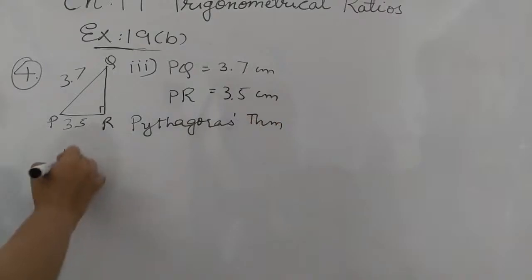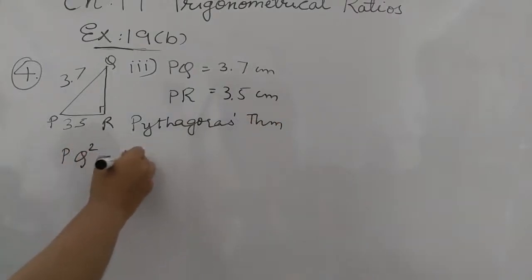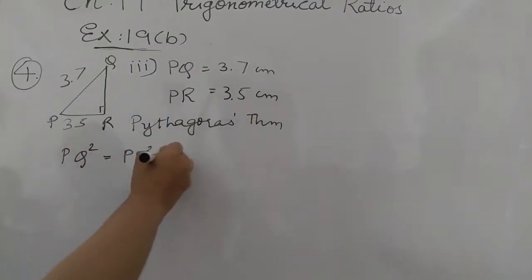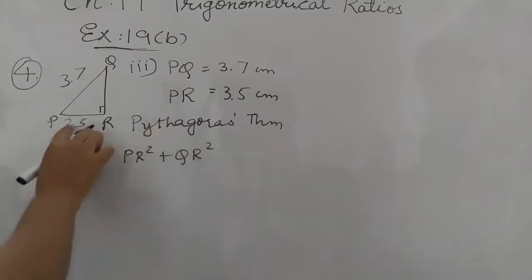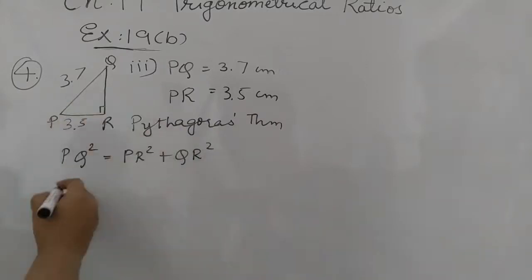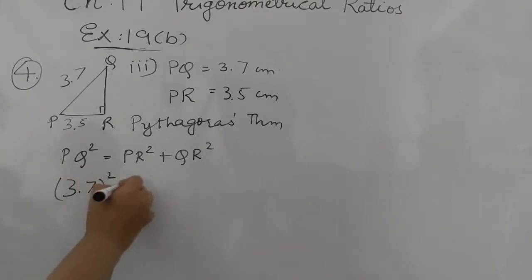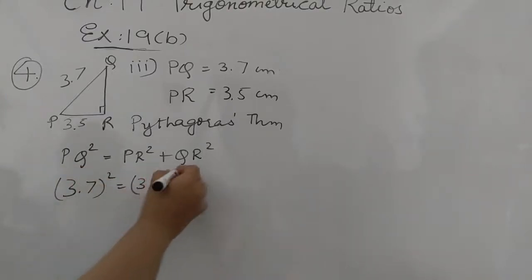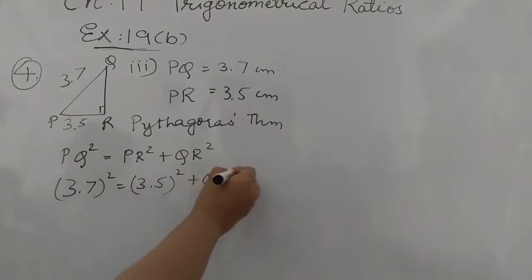We can write PQ square is equal to PR square plus QR square. So PQ means 3.7 square, PR means 3.5 square, plus QR square.